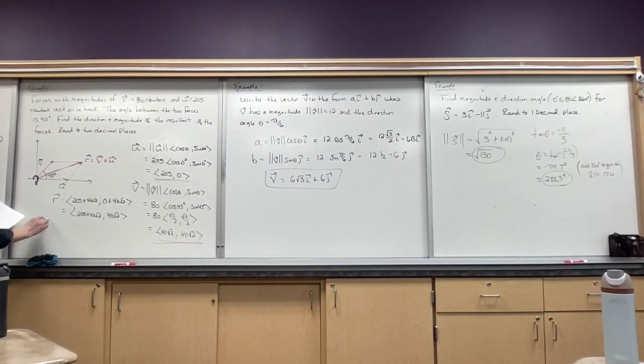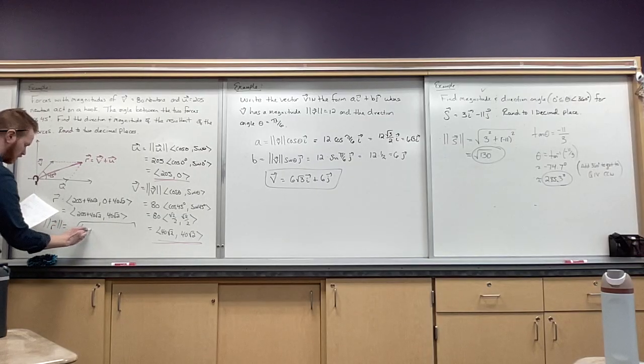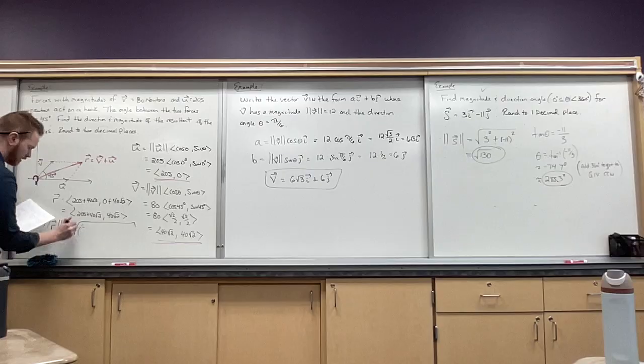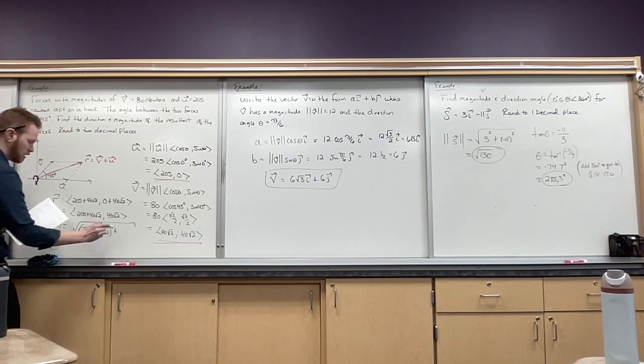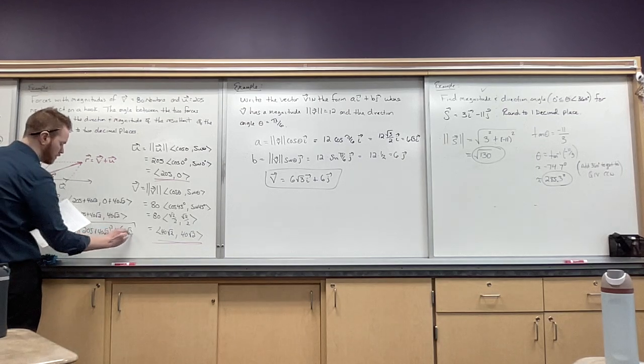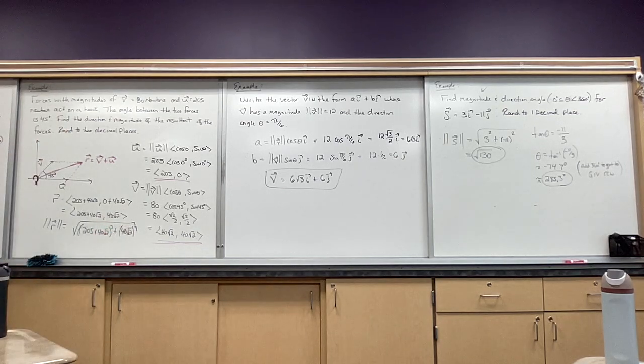So let's do that. Okay, so we're going to have 205 plus 40 square root of 2, squared, plus 40 square root of 2, squared, and we'll take the square root of the whole thing. So I'm out of space.